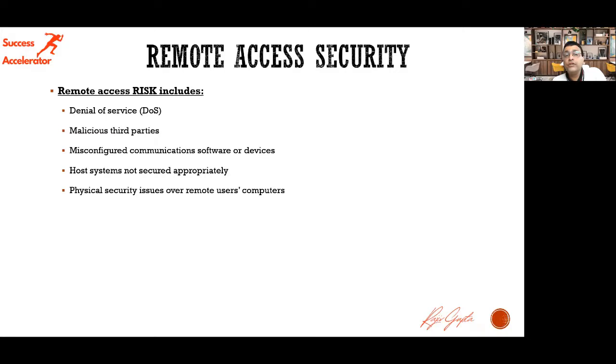So, that is why remote access risk becomes very, very critical for the organization to manage, whether it is because of misconfiguration, or the host system not being secured properly, or physical security. Because, for example, you and I are working from home right now.